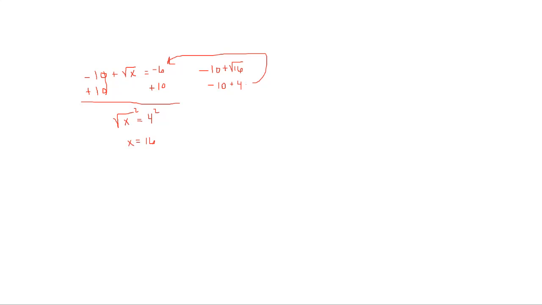Let's go back to our drawing board here and see if we can figure out how to solve another problem. Let's look at the square root of x is equal to the square root of 4 minus x.